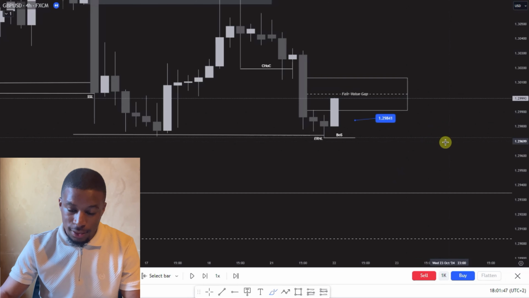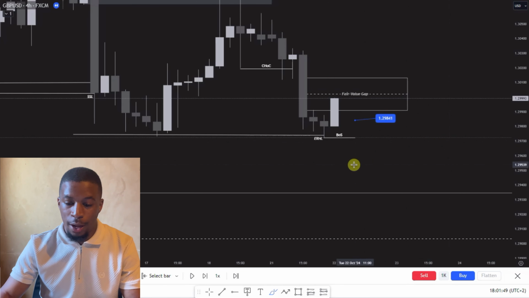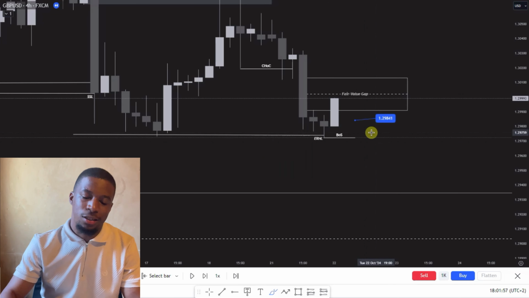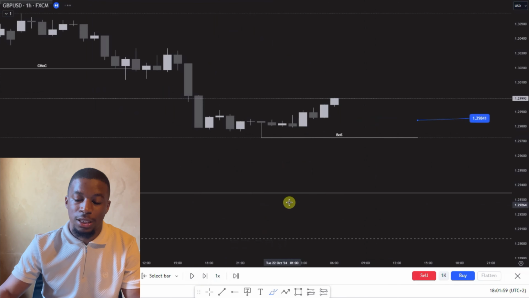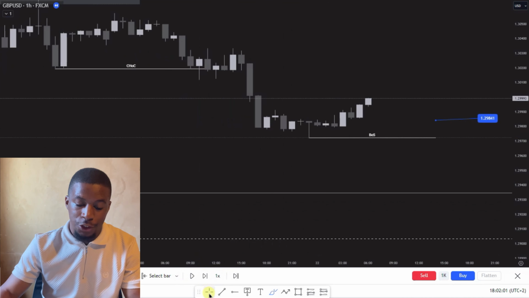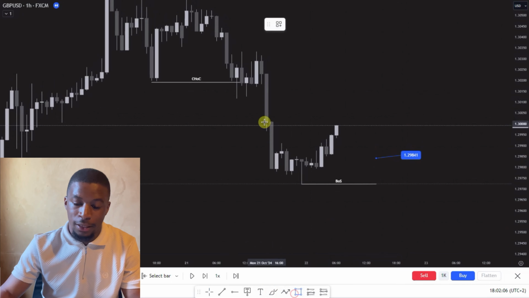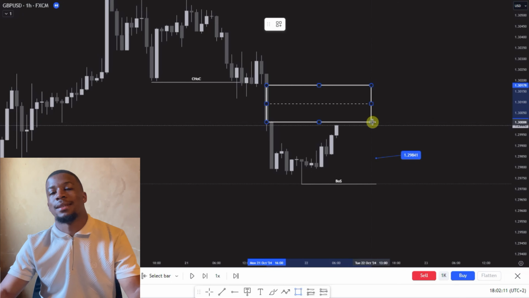But with this entry, I understood that we have a 4-hour fair value gap that I wanted to see specifically being respected. But this point of interest is too big for me to essentially trade off of just like it is. So what I did was begin to refine each and every time frame that I step into.